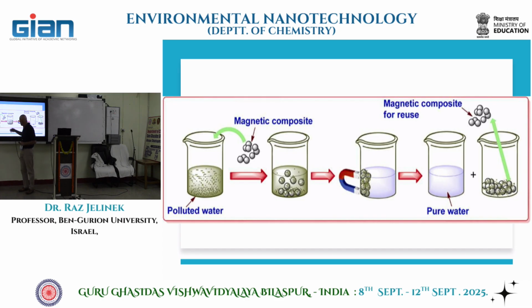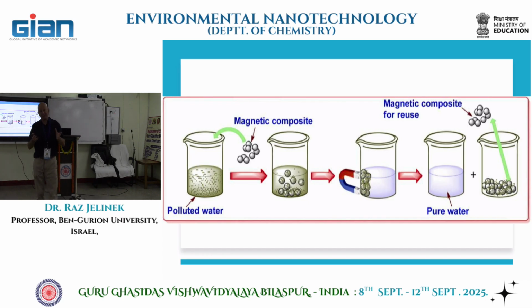We put it in the water, we mix it, we shake it. The magnetic nanoparticles will absorb various contaminants through their surface area or oxidation. And all the pollutants will absorb on the surface of the nanoparticles.